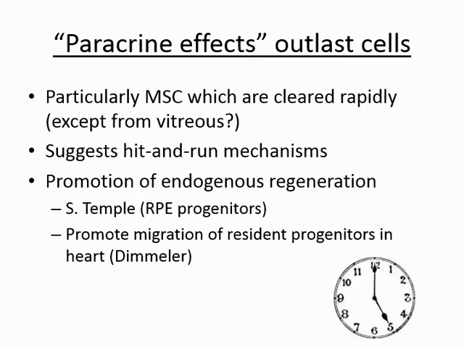You can also promote endogenous regeneration by calling progenitor cells to the area, and this has been a mechanism that's shown by Stephanie Dimler in the heart, where activation of resident progenitor cells in a distant site from the actual graft call in the endogenous repair mechanisms.